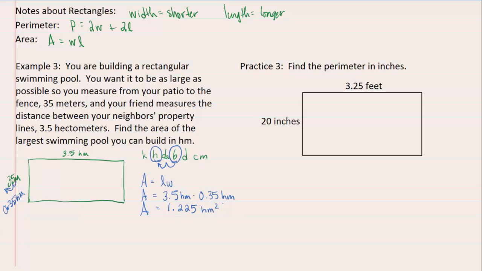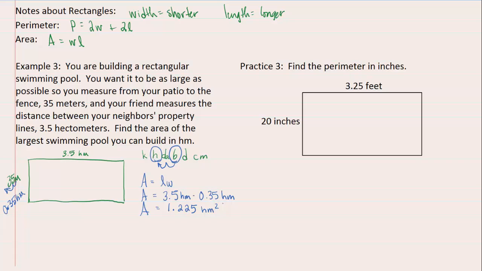Now try practice problem 3 on your own, remembering to push the pause button. Now that you've tried it on your own, let's do this together. It says to find the perimeter in inches. Currently, we have one side in inches and the other side in feet.